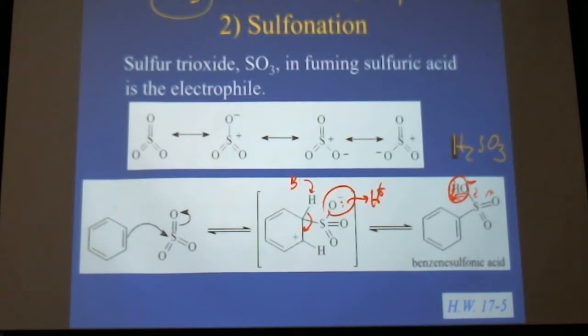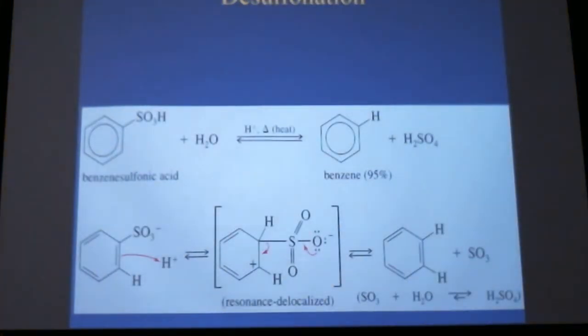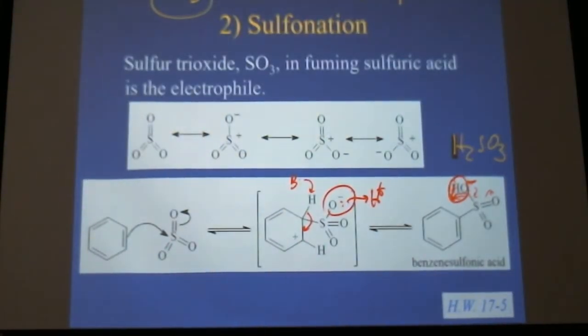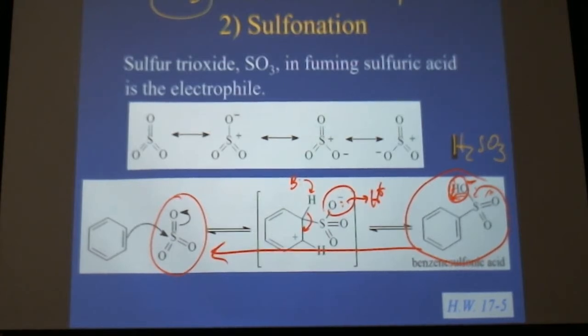There's an equilibrium between these two. This is actually a reversible reaction. So depending on how much of this you have, how much of the byproducts you have, you could take this and force it to break apart again. This is an equilibrium.